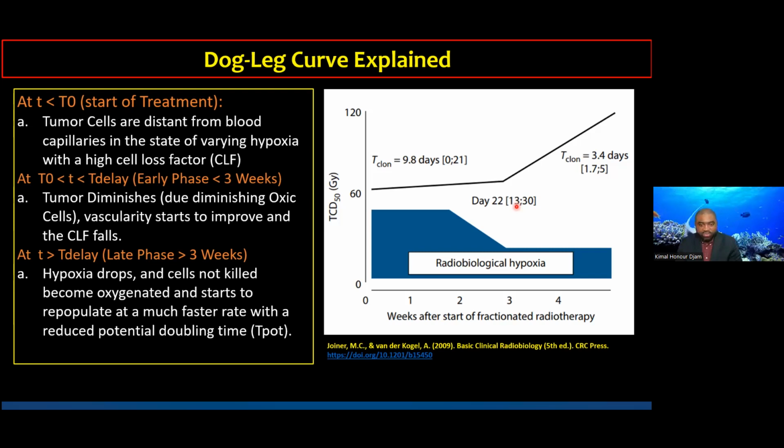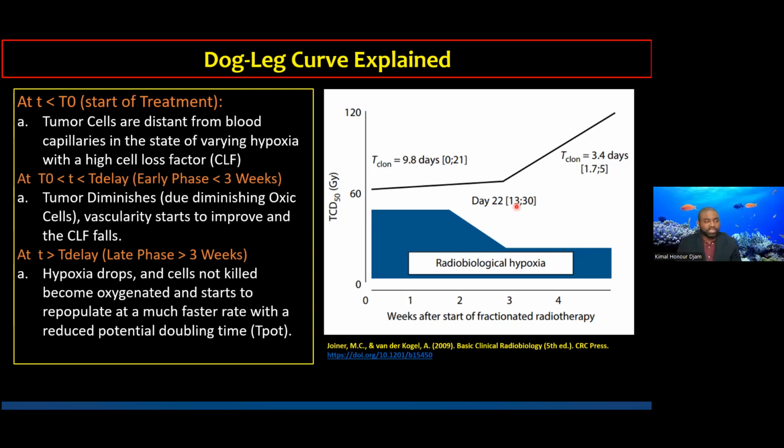Now, the thing I want to note here is more aggressive tumors typically have very small T-pot values, which often are under 7 days, and this reflects an elevated rate of tumor repopulation during treatment.